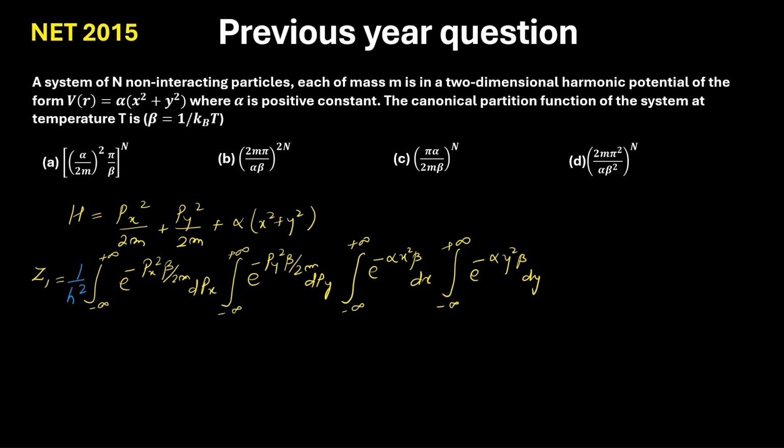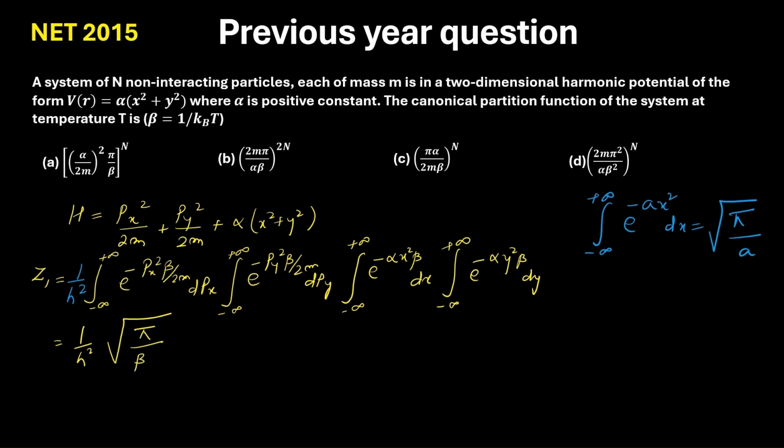To evaluate these 4 integrals, we can use this integration formula: minus infinity to plus infinity e to the power minus a x squared dx is equal to root over pi by a. Using this formula, the first one will be root over pi by beta by 2m.